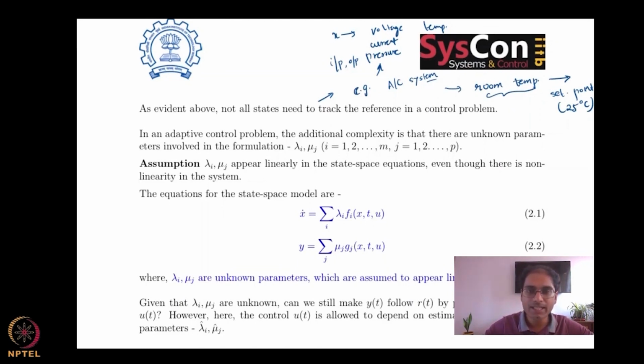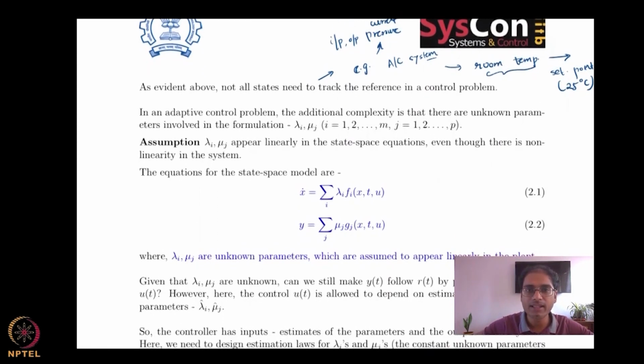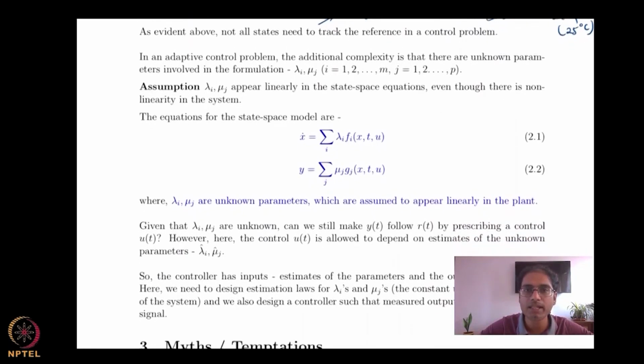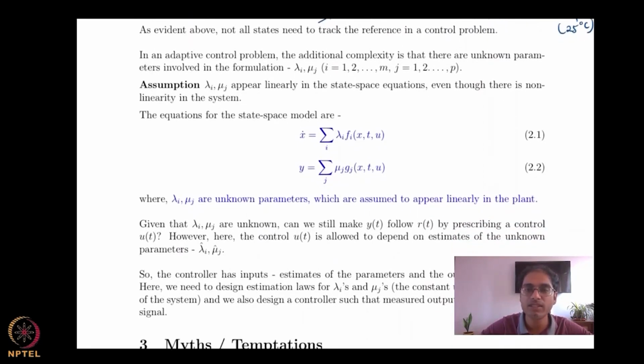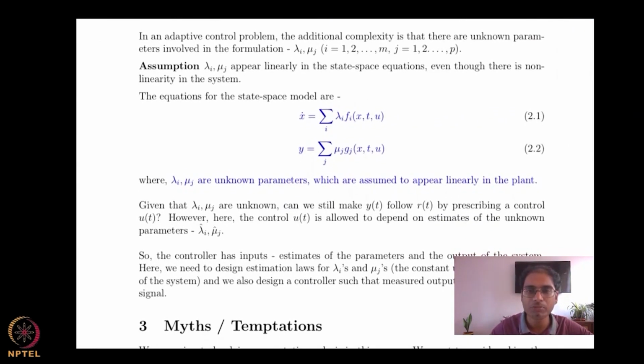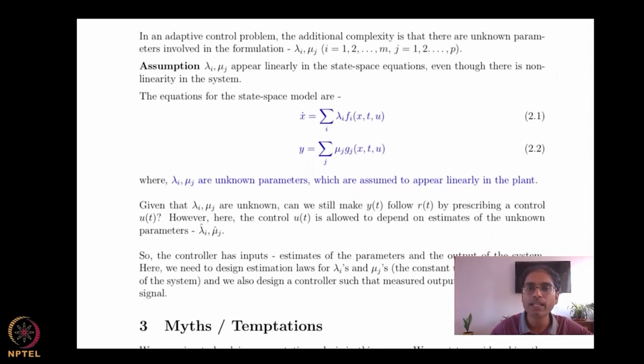Okay. So as I stated already, we have the standard assumptions that these lambda i's and mu j's appear linearly. Even though the system is non-linear, the parameters appear linearly. Further, we have that the parameters are constant. This is of course evident. The linearity is evident in 2.1, 2.2 again, which is simply rewriting what we had in the block diagram.